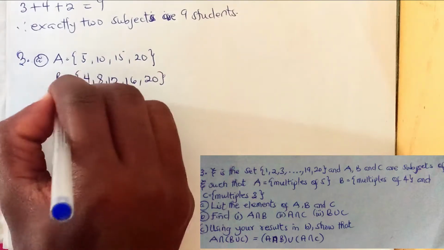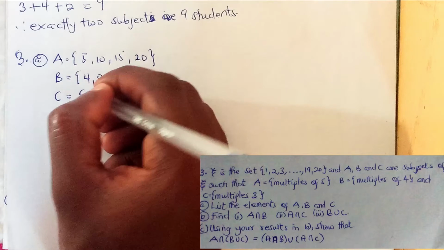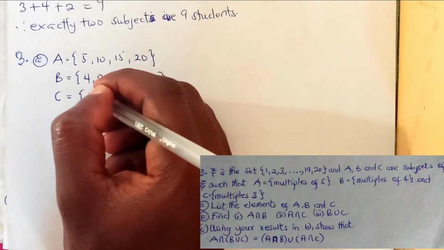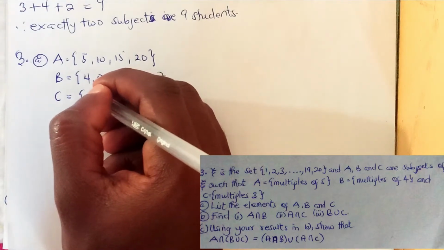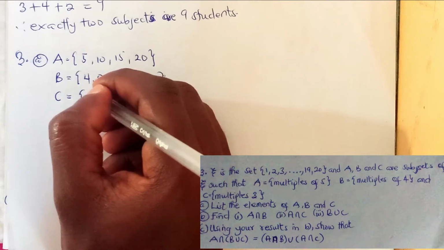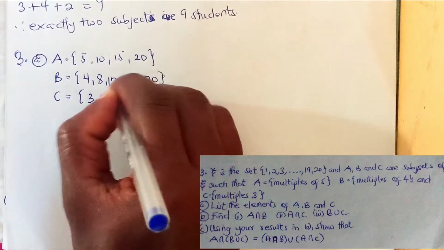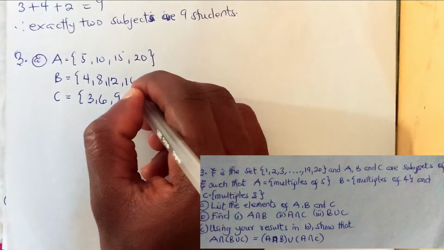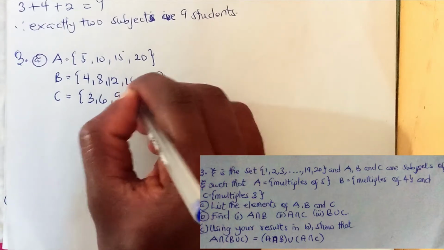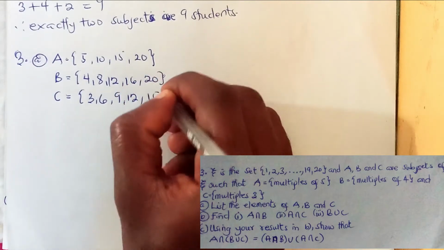The last, that is C. C is also the multiple of 3, ranging between 1 and 20. So we have 3, 6, 9, 12, 15, and 18.